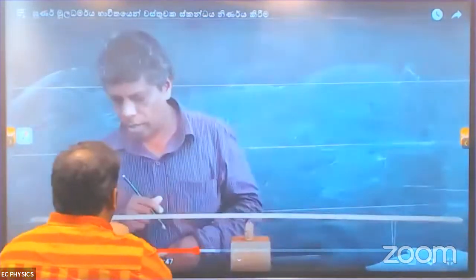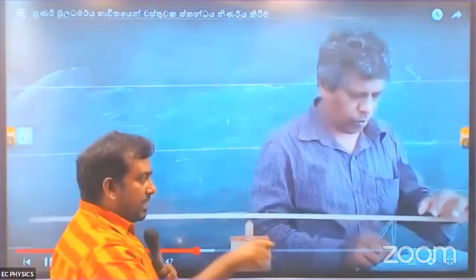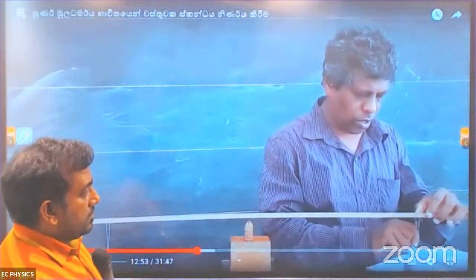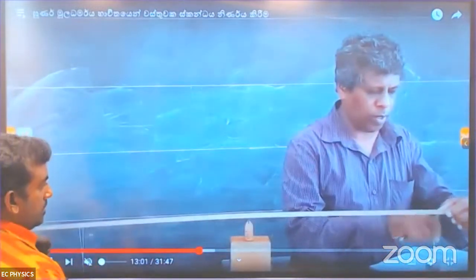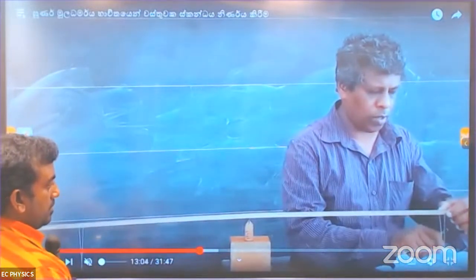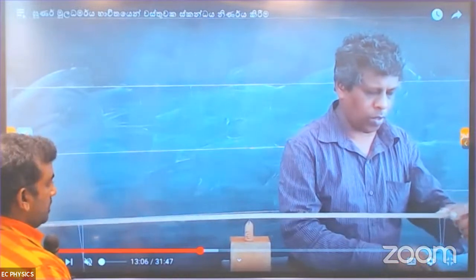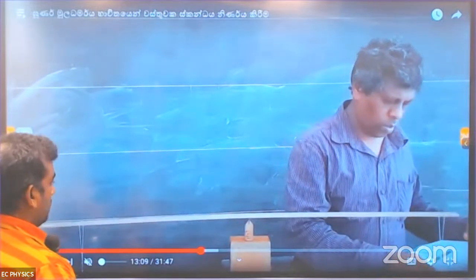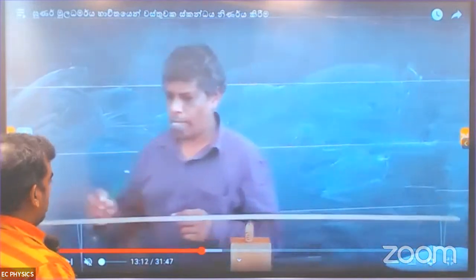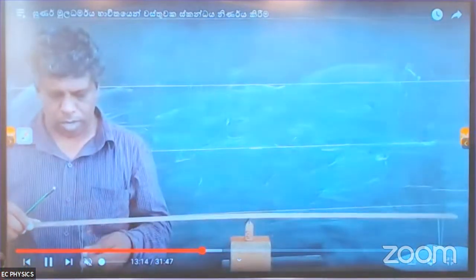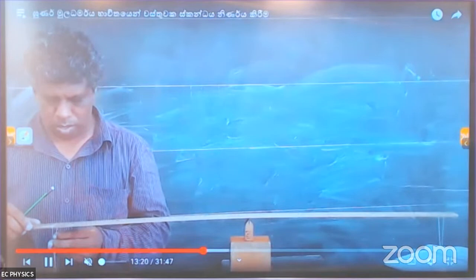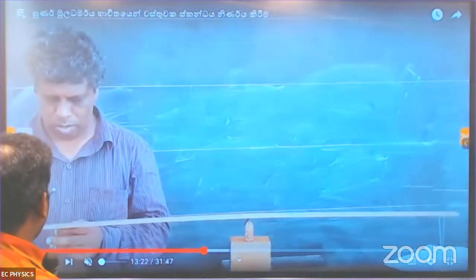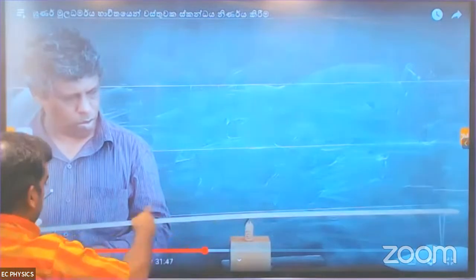Again, get the reading. Later, you can subtract and get the X value. There you go. X, Y now balanced.